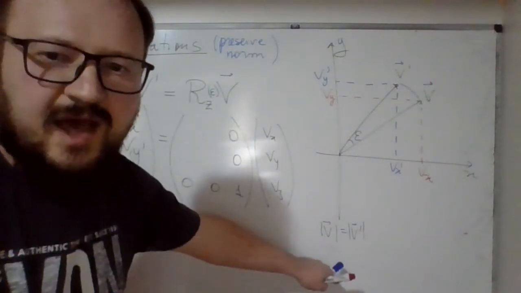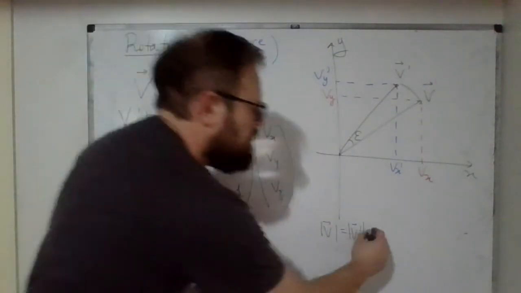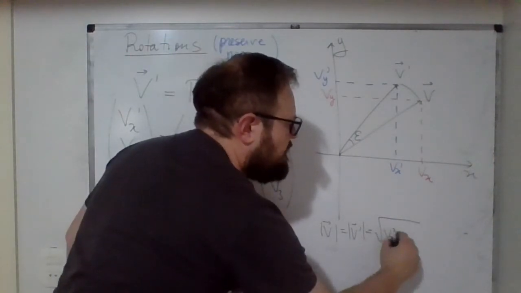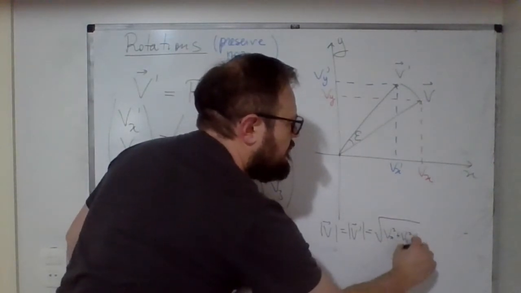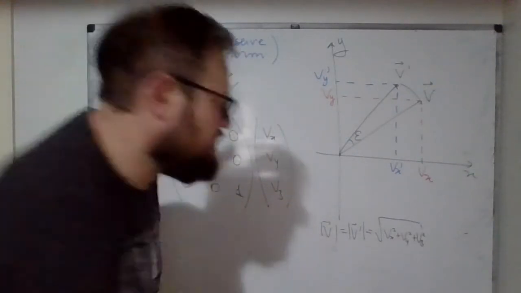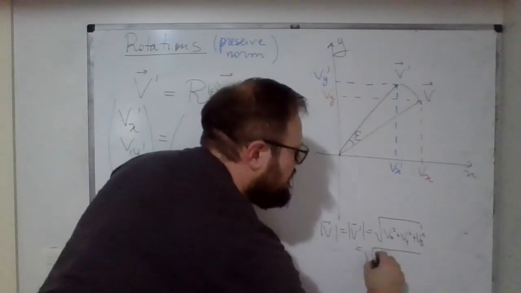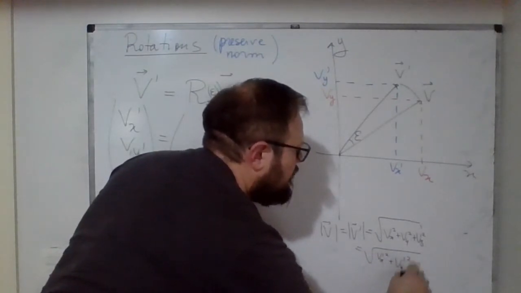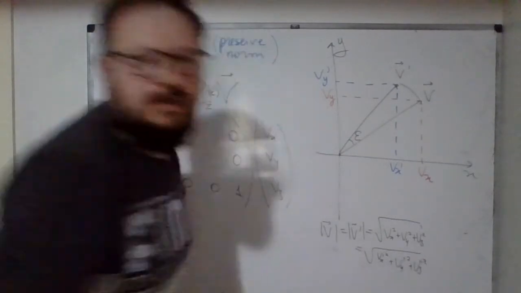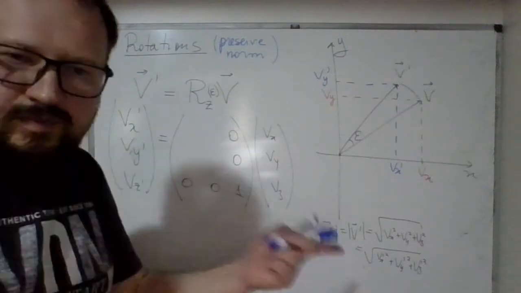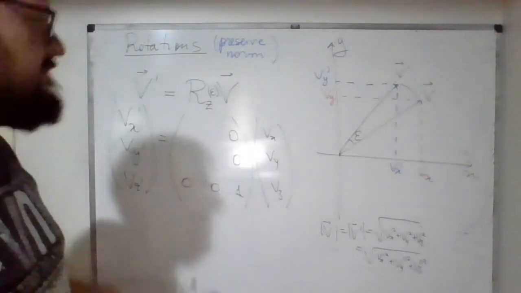It is an important aspect of rotations. So this way you will have that the square root of the sums of the squares, in the original vector or calculated with the new components, you'll get the same result. All right, the size of the vector is not changed.